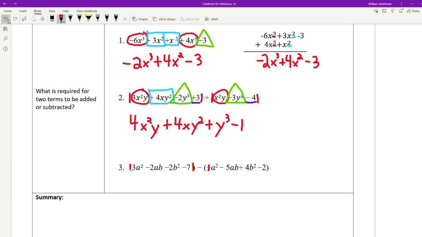Make sure I use the right symbol. This will now become a positive. The negative becomes a positive again. Our positive will now be a negative. And yet again, a negative becomes positive.